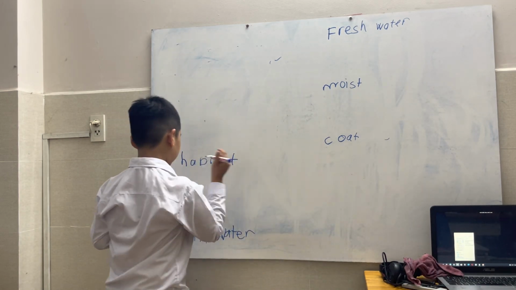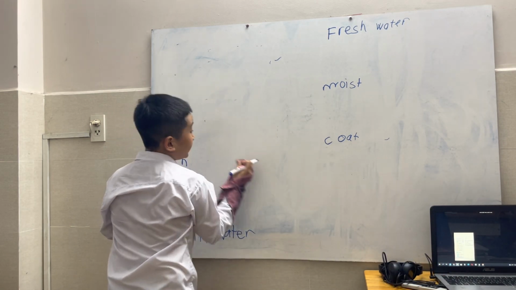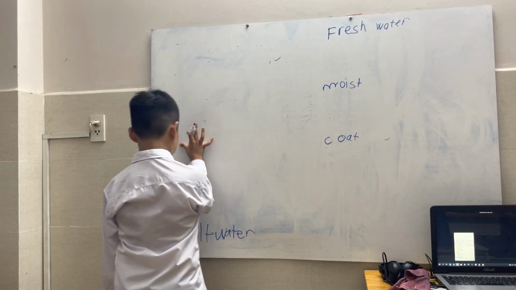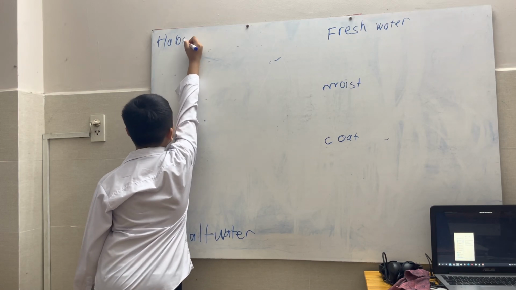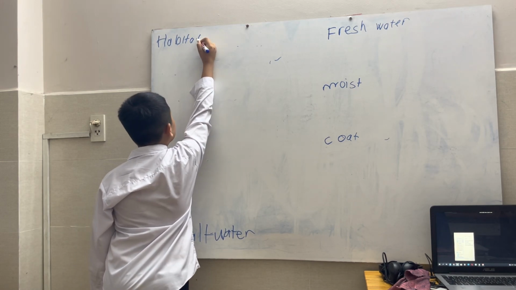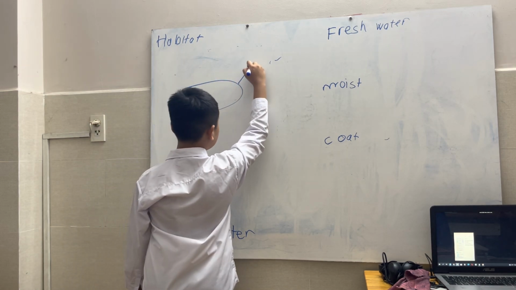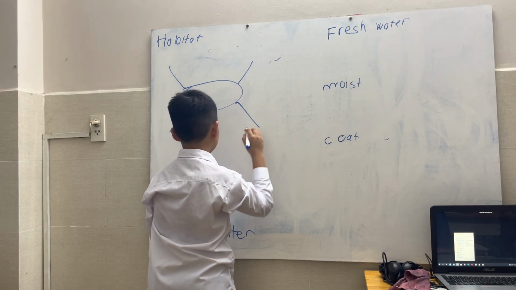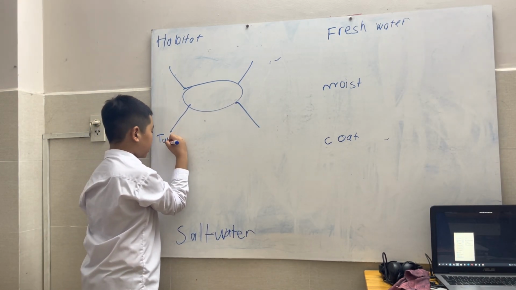So let me write again the word habitat, because with habitat I have a lot to describe. So I'll write habitat up here. Okay, so the first habitat we described is the tundra.